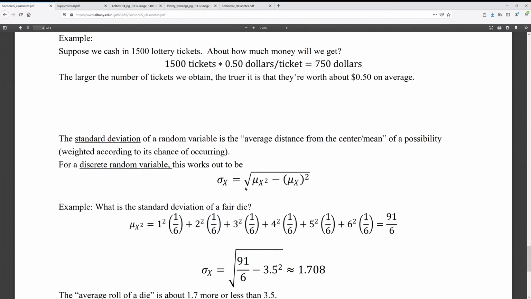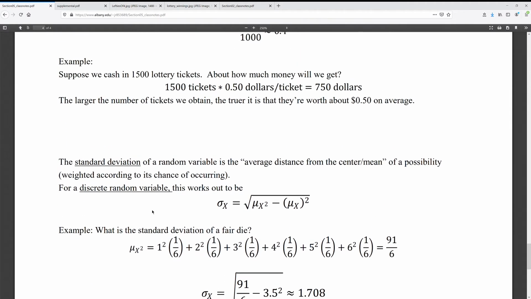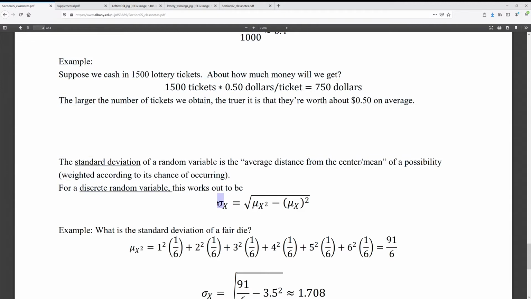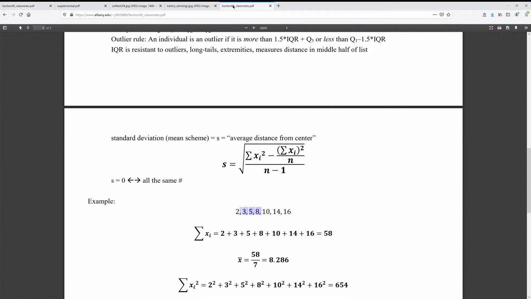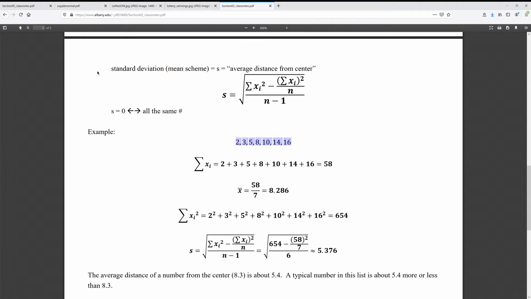Whether it's mu or sigma here, which we're about to talk about, you don't have that dividing by the total thing going on. Other things take it into account. Now again, this is the computational version. As always, we use sigma or S for standard deviation. S for the standard deviation of so many numbers, what we were just talking about in section 2. These numbers have the standard deviation below, 5.3 something.